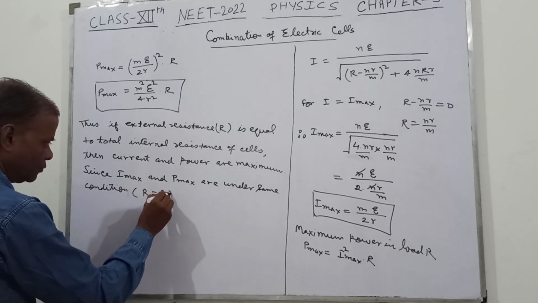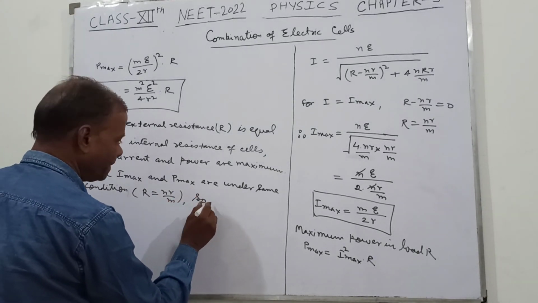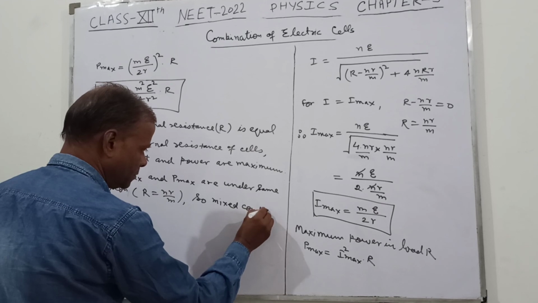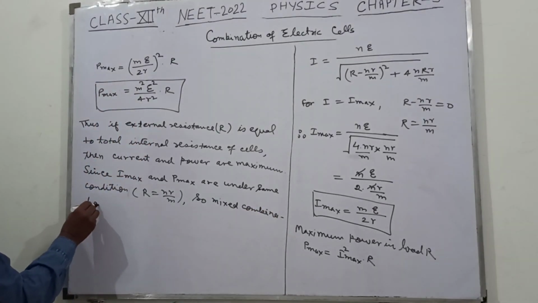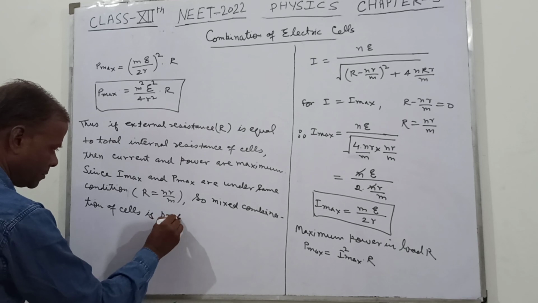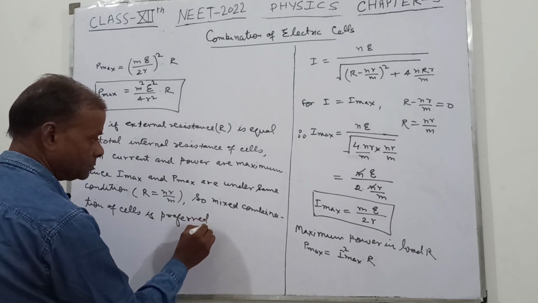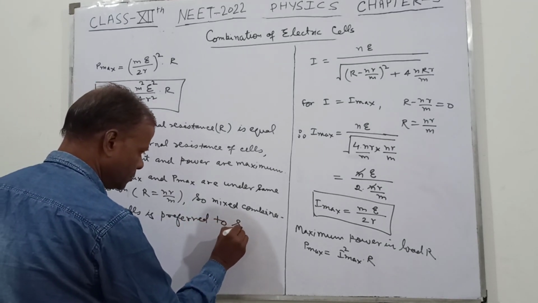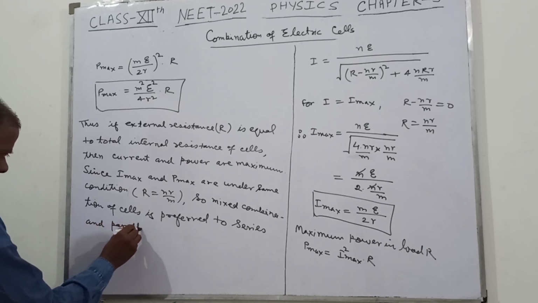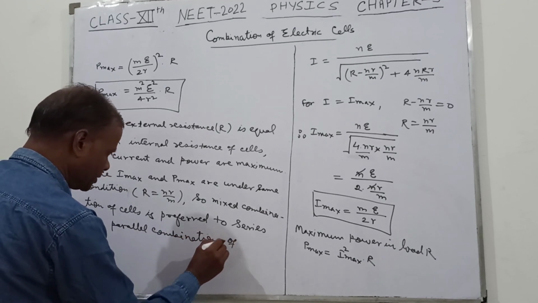This capital R equal to nr upon m. Under the same condition, the mixed combination of cells is preferred to series and parallel combination of cells.